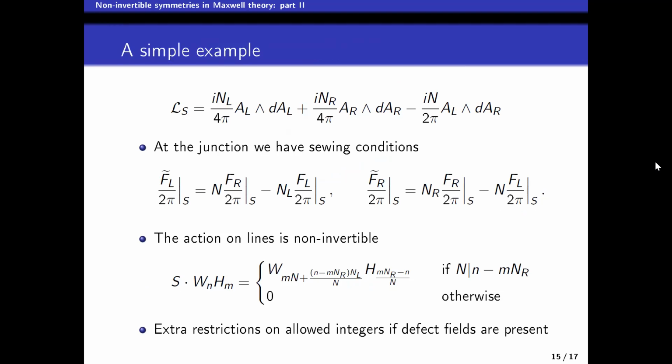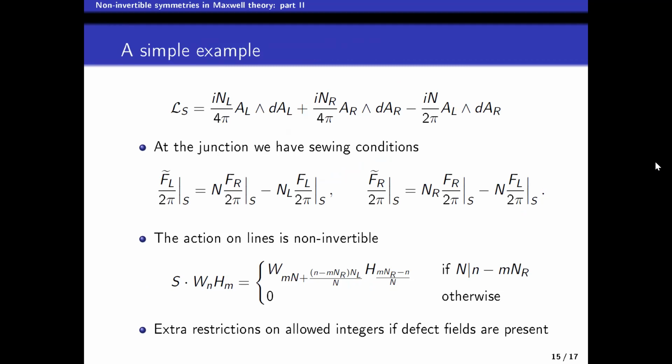Where you just have Chern-Simons theory with integer coefficient. Then you see that the sewing condition here, relating f left and f right and star f left and star f right, imposes some specific condition on this integer at the junction. And you work out the action on lines by expressing the right charges in terms of the left charges.